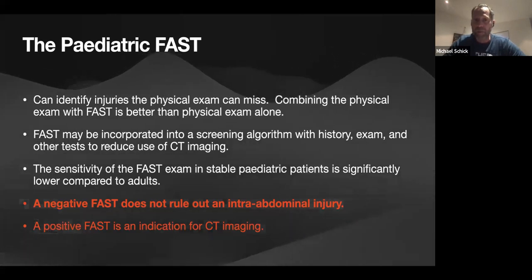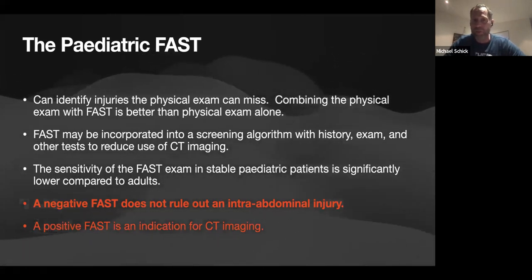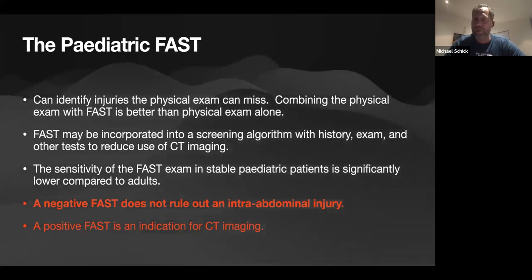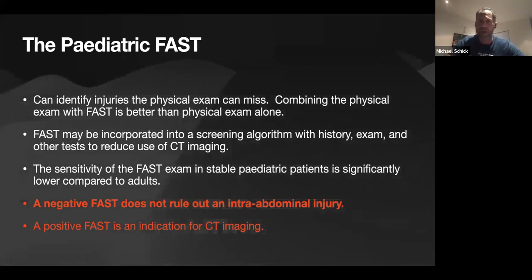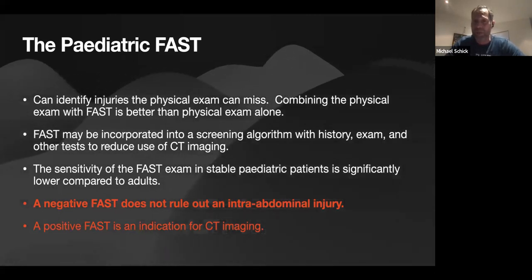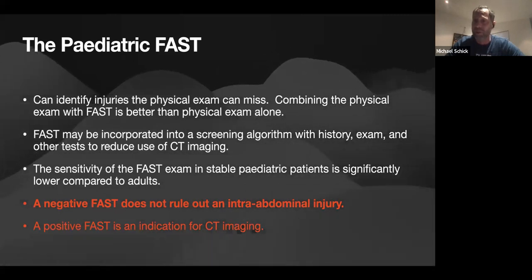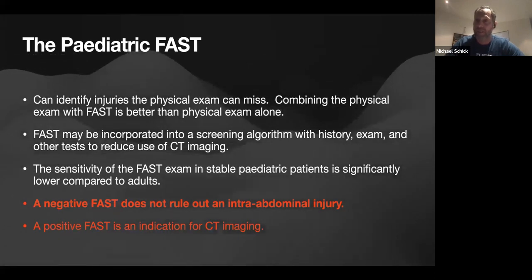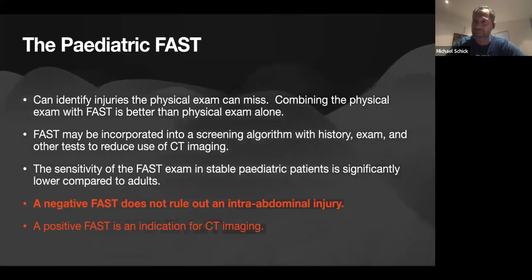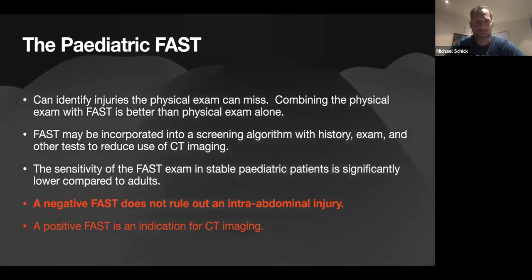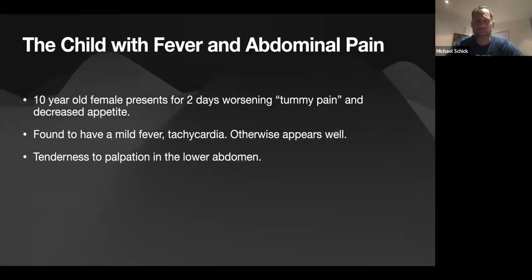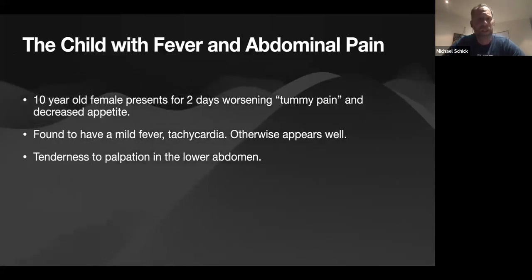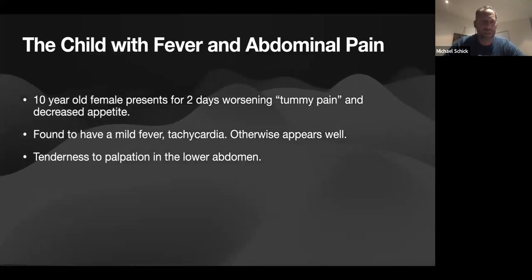The FAST may be incorporated into a screening algorithm with history and exam and other tests to reduce the use of CT, but it has to be done with caution, because the sensitivity of the FAST exam in stable pediatric patients is much lower compared to adults. So a negative FAST does not rule out an intra-abdominal injury. A positive FAST is an indication for CT imaging. So that was case number 1, and happy to answer questions at the end.